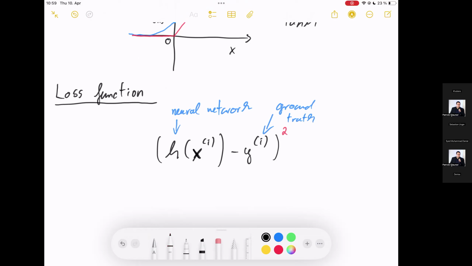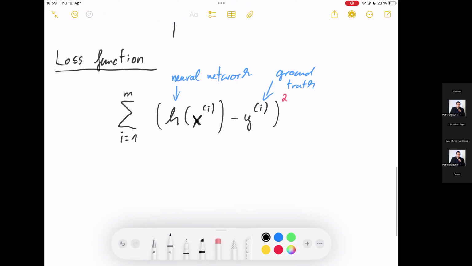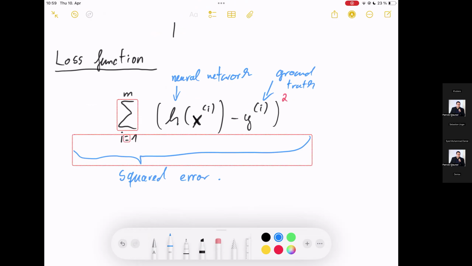And we are doing this not just for one example, but for all m many training examples. So we say index i is 1 up to m because we have m many training examples. And this whole thing is then called the squared error function, something you see often in machine learning, not just for neural networks.